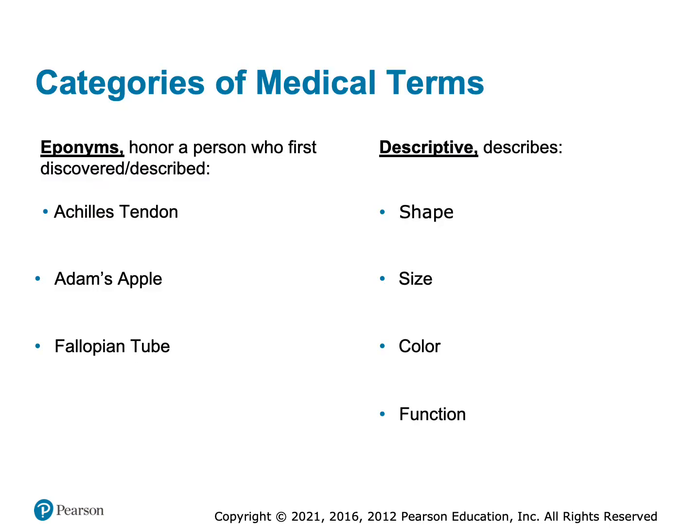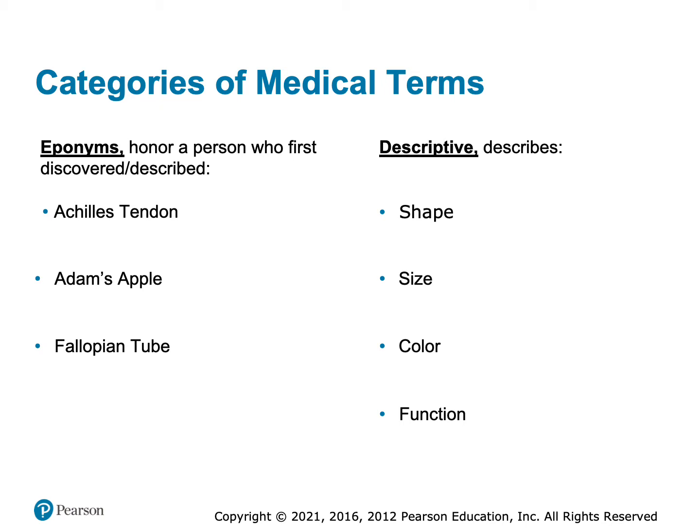So to start, we need to talk about the 2 categories that our medical terms are going to fall into. The first one is eponyms, which are words that honor a person who first discovered or described that medical term. A real common one is the Achilles tendon.